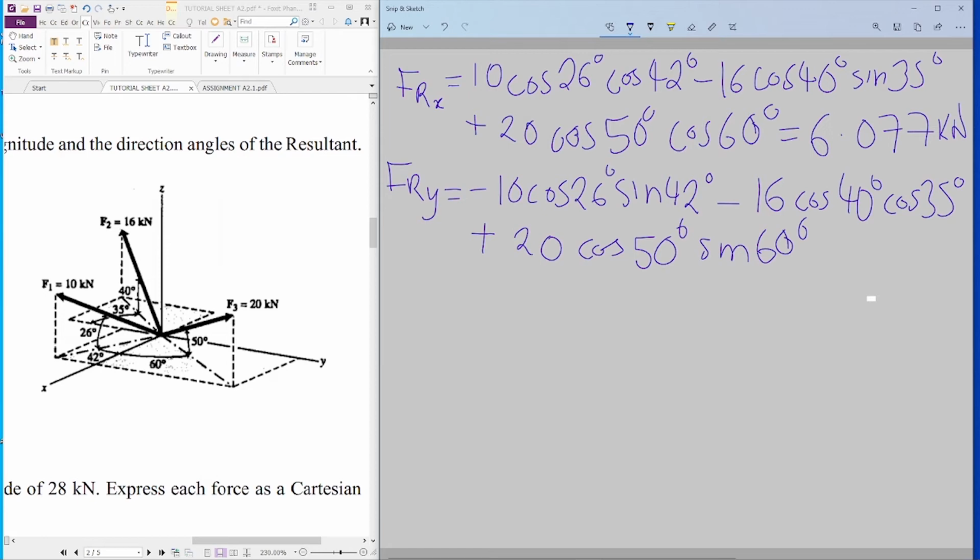If you've done your calculation very well, this should give you minus 4.921 kilonewtons.